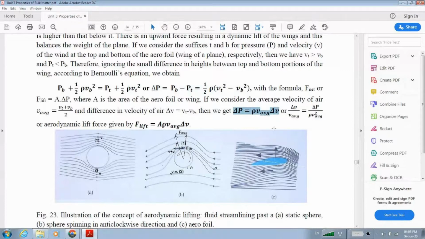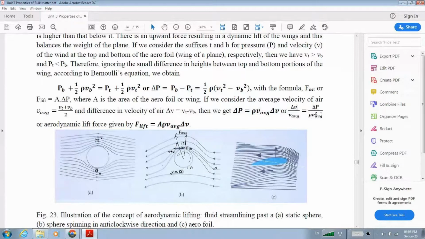Similarly, if we write delta V, delta V equals delta P by rho V average. If you divide both sides by V average, we will get delta V by V average equal to delta P by rho V average square.